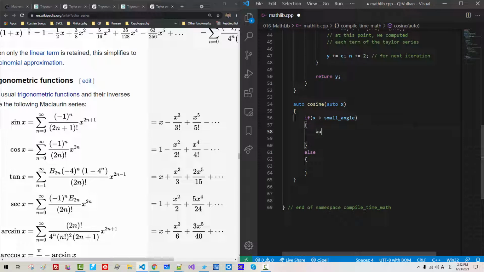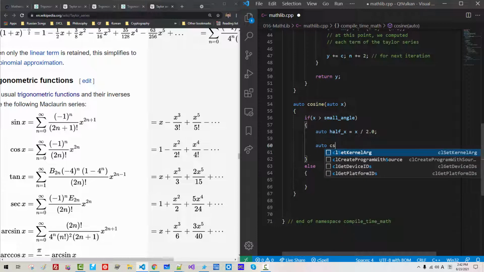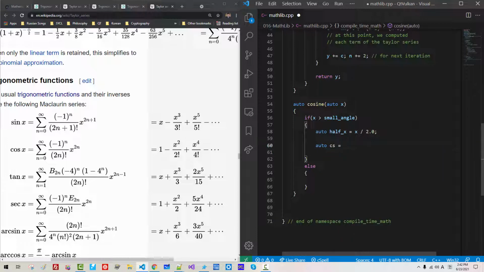Here, auto half x equals x over 2.0, auto cs equals cosine half x, auto sn equals sine half x.